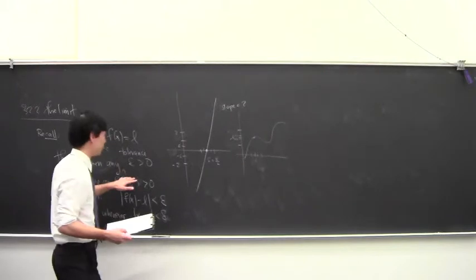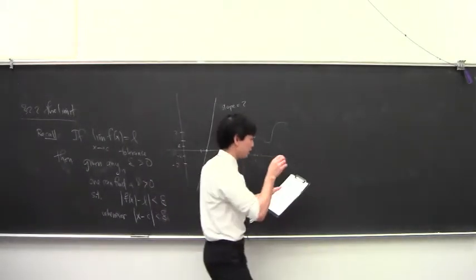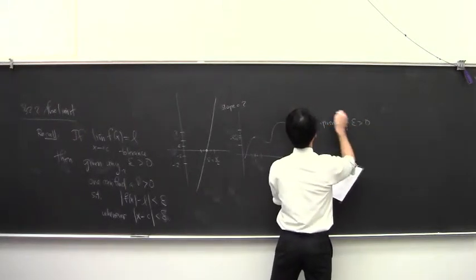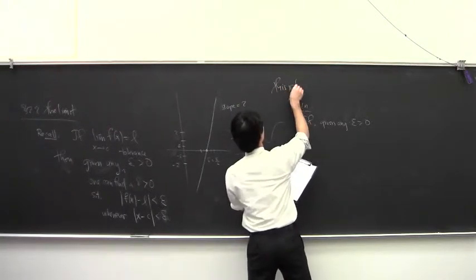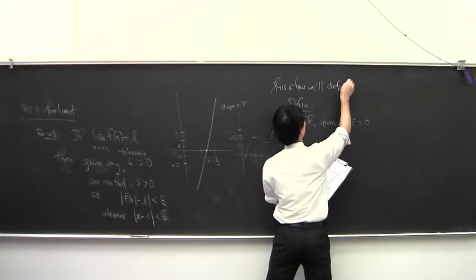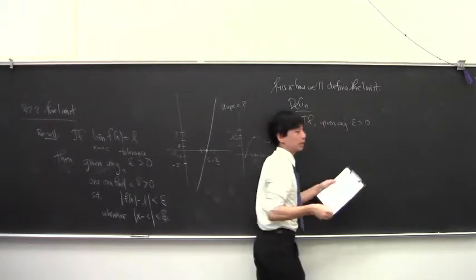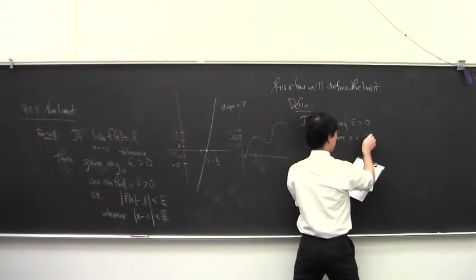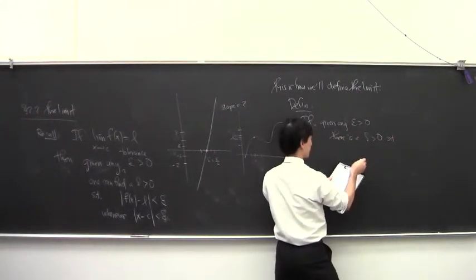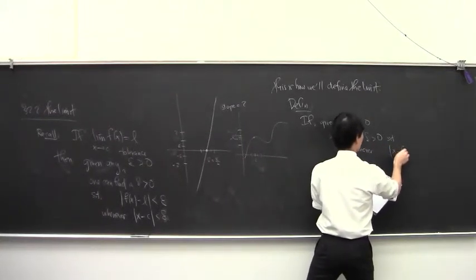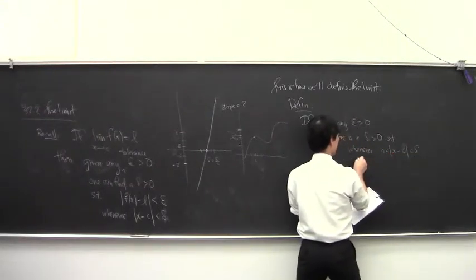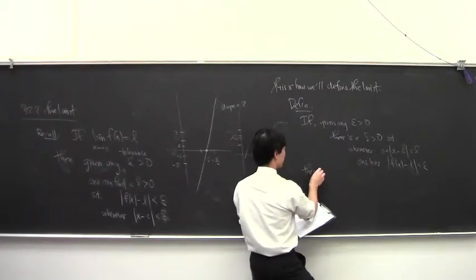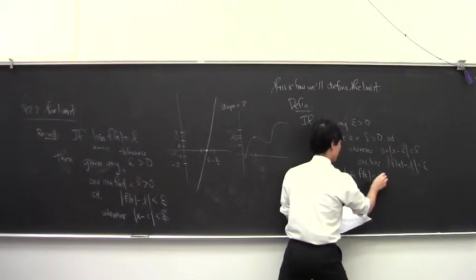So if given any epsilon greater than 0, there is a delta greater than 0, so that whenever x minus c is less than delta and greater than 0, one has the distance from f of x to L less than epsilon, then we say the limit of f of x is L, as x goes to c.